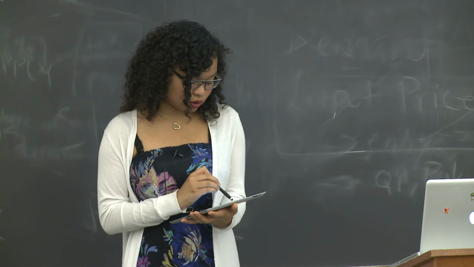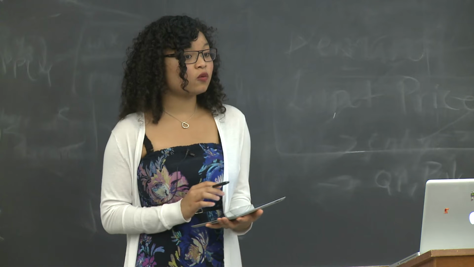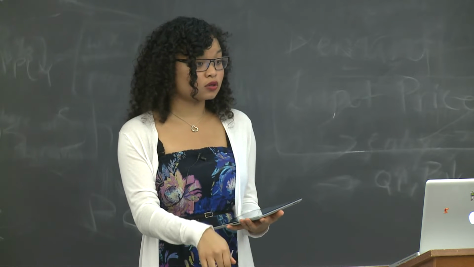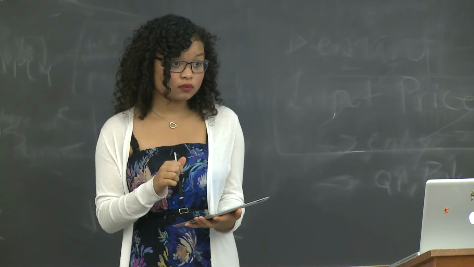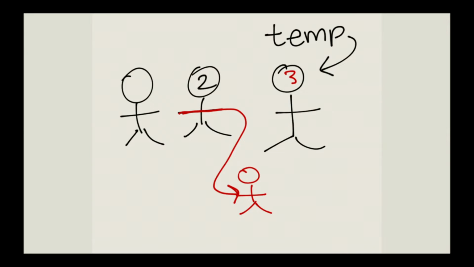Since we know that this third one is being kept track of, 2 can now link to our new one. And if this new red node is going to be in between 2 and 3, then what is its pointer going to point to? Temp, yeah. So then this red node's next value is going to be temp. Great.